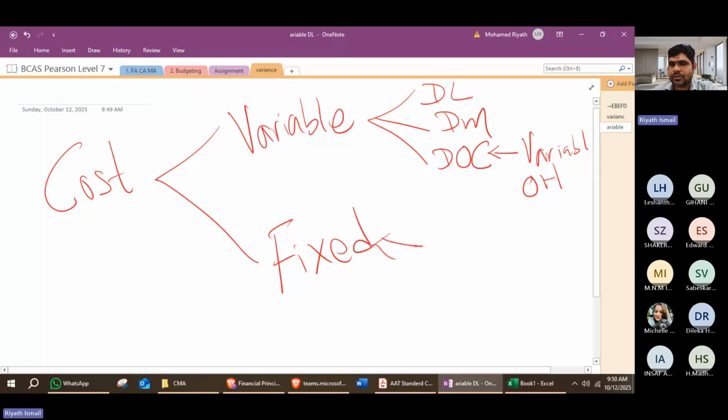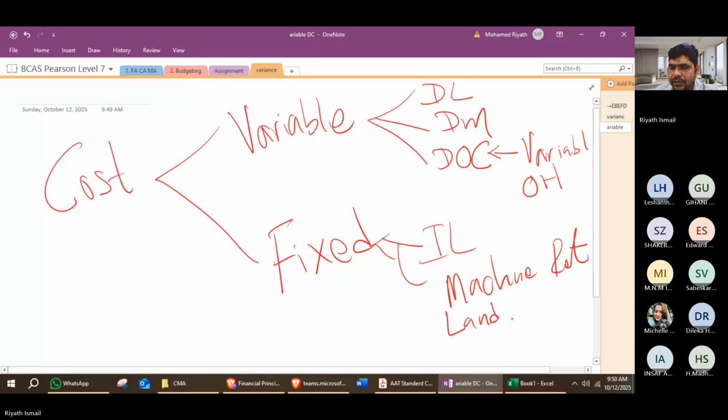There are some fixed costs called indirect labor, sorry, not indirect material. Another cost, like for example, machine rent, land rent, insurance. Those kinds of things are fixed.